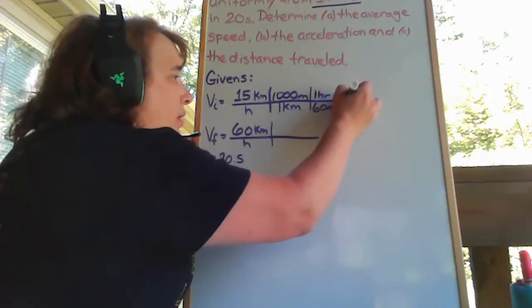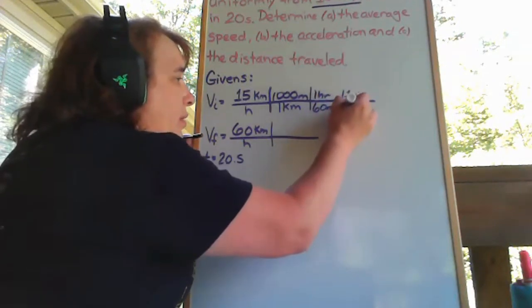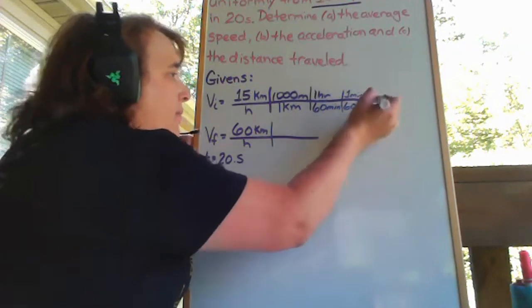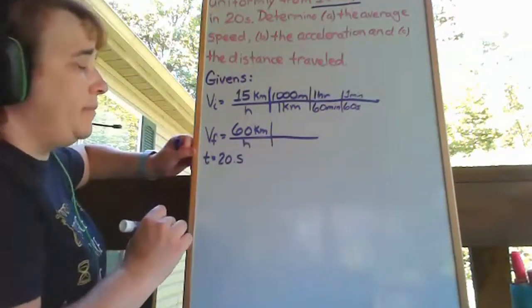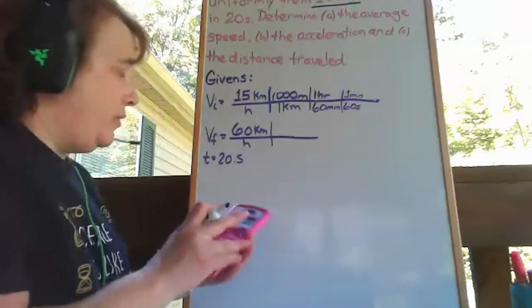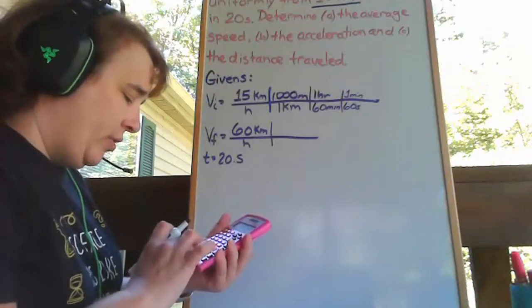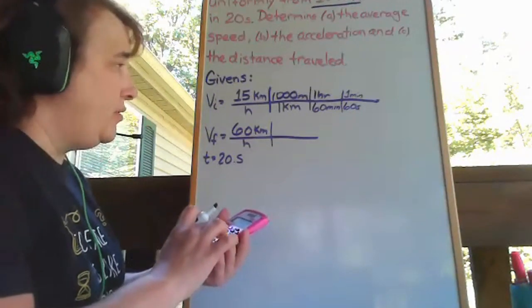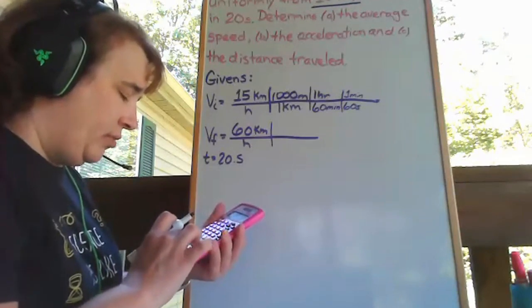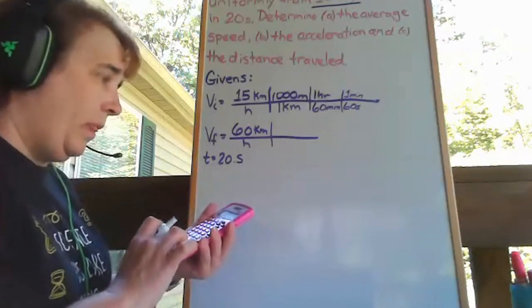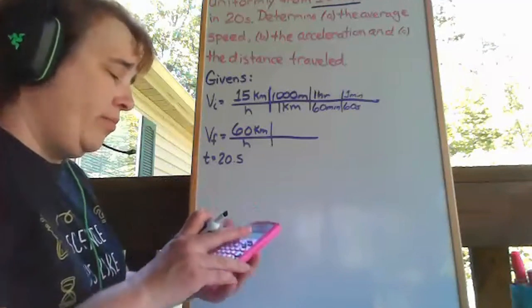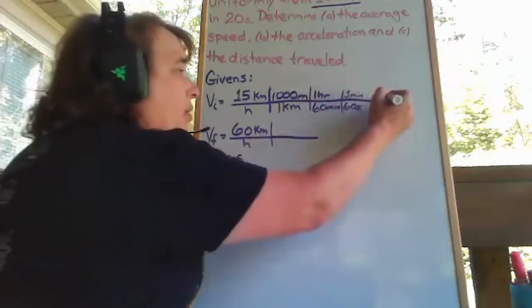And in 1 minute, there are 60 seconds. All right, so we're going to take 15 times 1,000, divide that by 60 times 60, which happens to be 3,600, and we get 4.2 meters per second.